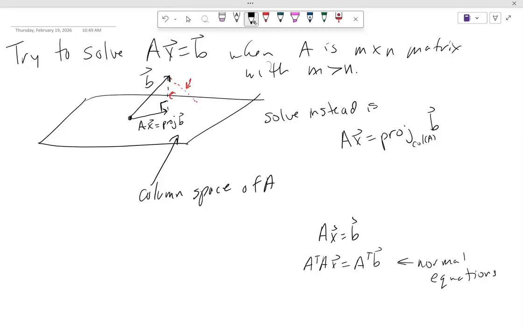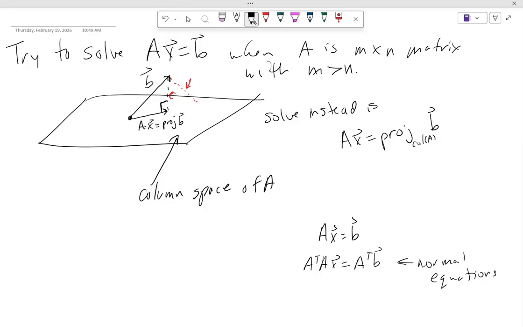Okay. So you can have multiple least squares, and all that means is that in some sense, there's multiple different ways to represent that projection as a linear combination of the columns of A. Basically, you just have more columns than you need to give you unique information.